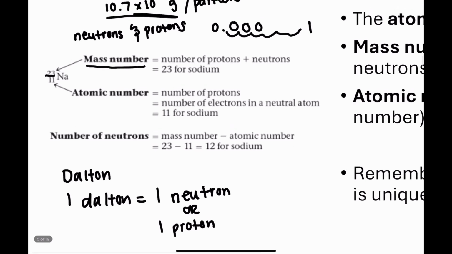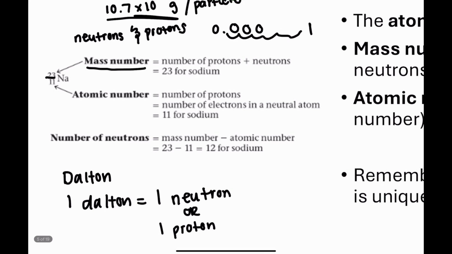So going back to mass number, every single element is going to have a mass number. And the mass of an element is always going to be the sum of our protons and neutrons. When we're looking back over here, we see the number 11, which refers to the atomic number of that element. The atomic number tells us a lot of things.